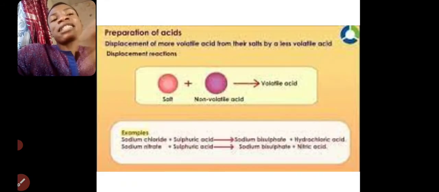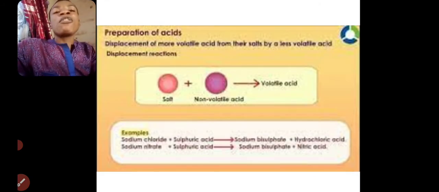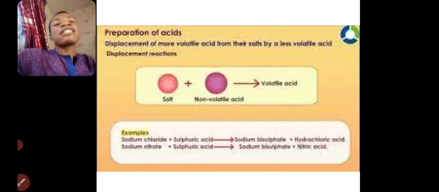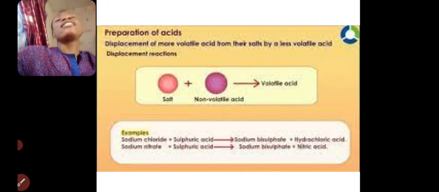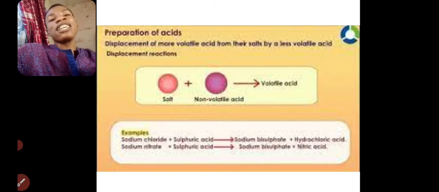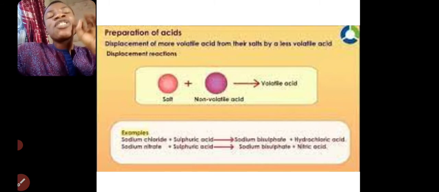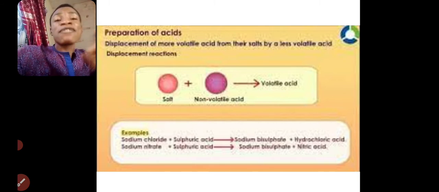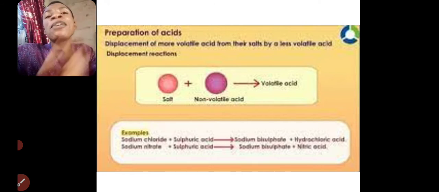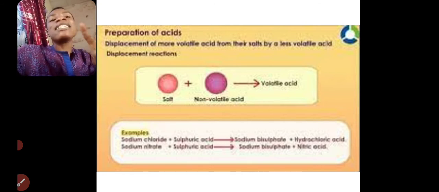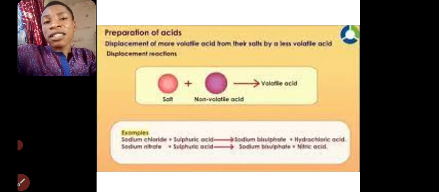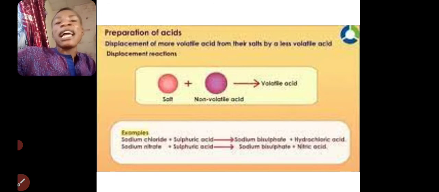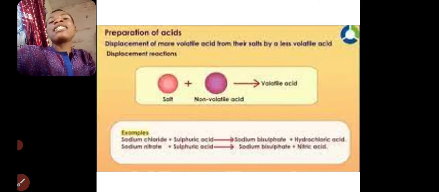The last method of preparation of an acid is by using a stronger acid to produce a weaker acid. A stronger acid that is less volatile. By less volatile, we mean that the acid has high boiling point. If you say more volatile, it means it has lower boiling point. Volatility is like the opposite of boiling point.